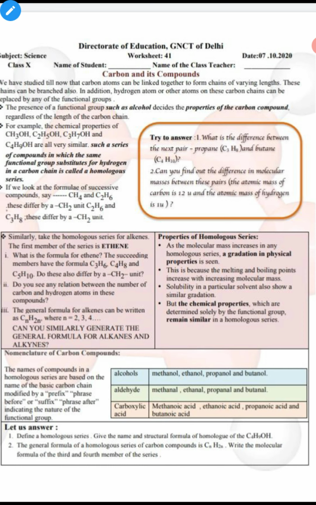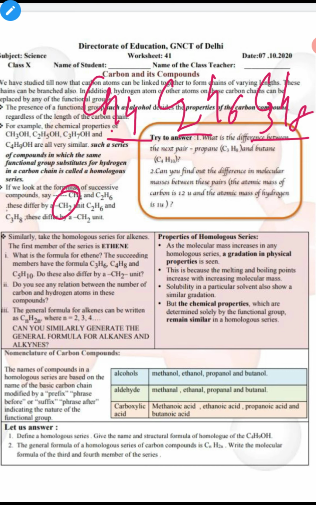If we look at the formulas of successive compounds, CH4, C2H6, and C3H8, what is the difference between all these? One carbon and two hydrogen.